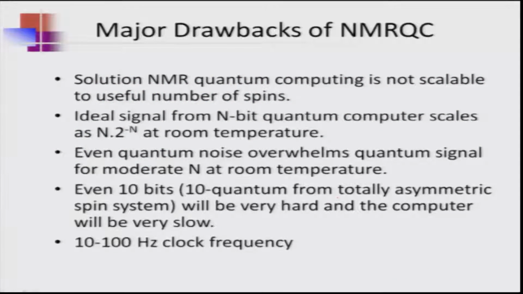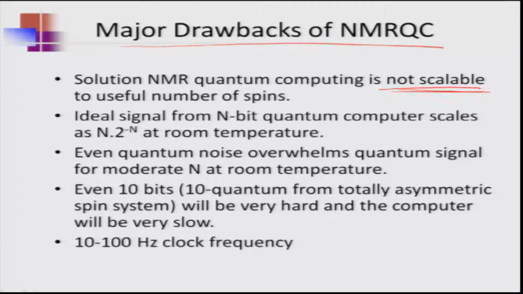Let us see. One of the major drawbacks, however, of NMR quantum computing lies in the fact that, as I mentioned, the preparation of state part, and you are always fighting for signal to noise. Solution NMR quantum computing is difficult to scale. In fact, it is not quite useful in terms of that fact.